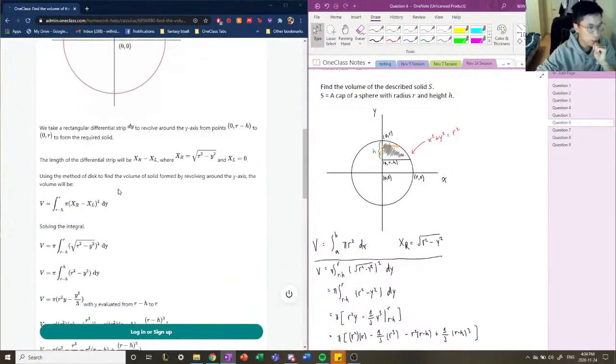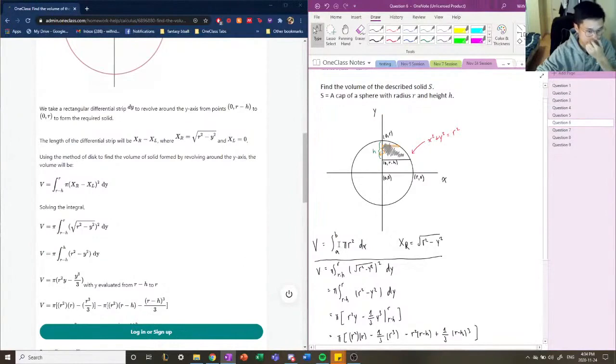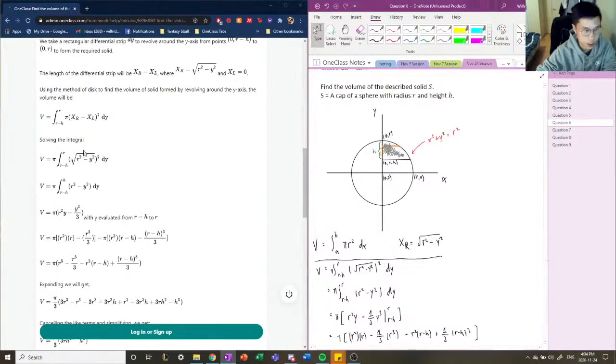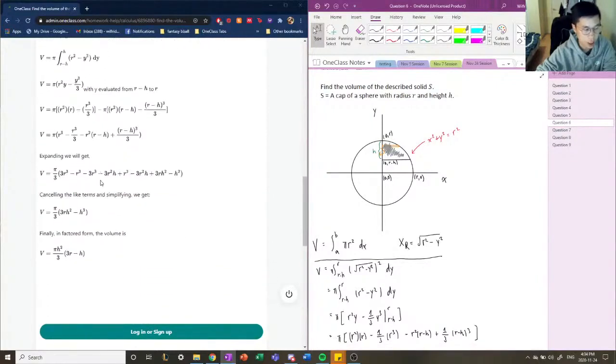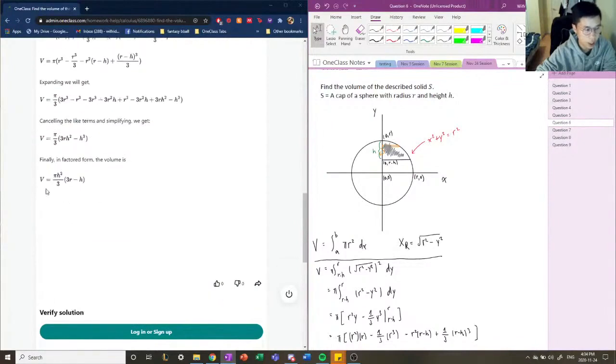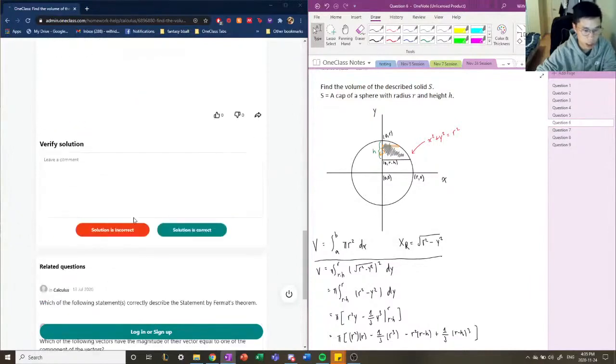So we defined the volume of our solid as the definite integral of the areas of the cross-sectional circles, and by defining the radius of a differential strip, we came up with this integral. Then we solved for it and simplified to find the equation for the volume of the cap of a sphere, which is pi times h squared divided by 3 times 3r minus h.